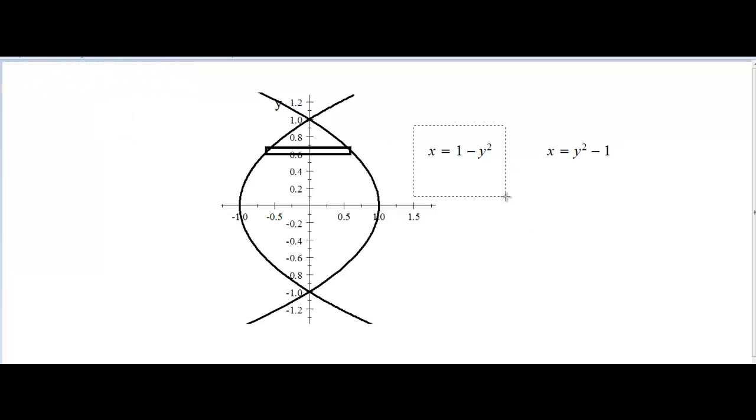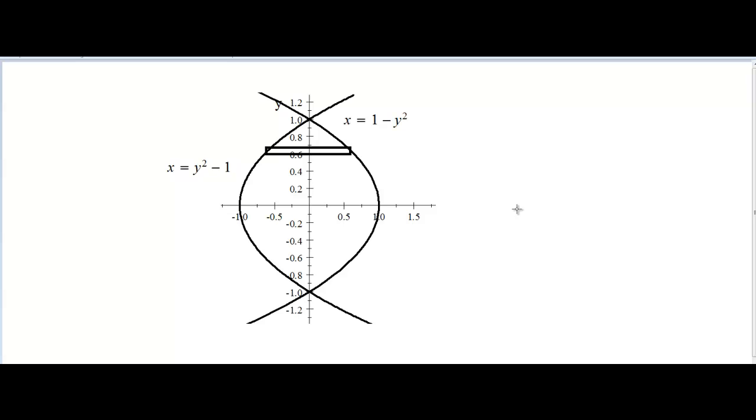Before we plugged in y1 and y2, now it's something like x1 and x2. You just have to work with treating x as y and y as x. When you change everything, the value will come out to be the same.